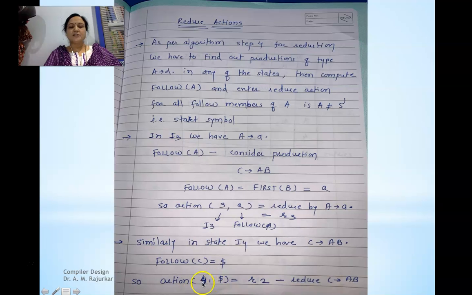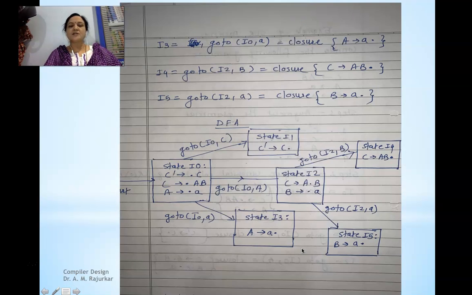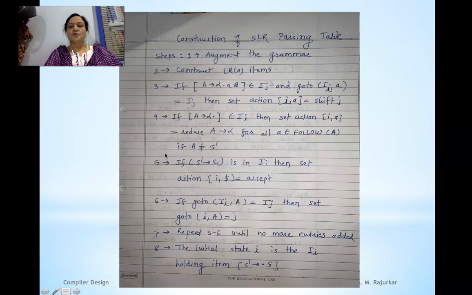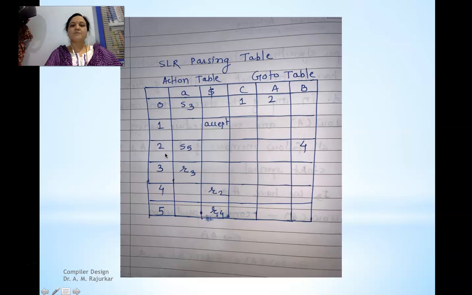So fill up the action 4 comma dollar. 4 is the state number, dollar is the follow member. So 4 comma dollar is equal to reduce by this production. What is the number of this production, C tends to AB dot? The number is R2. So write the action in the table as 4 comma dollar equals R2.